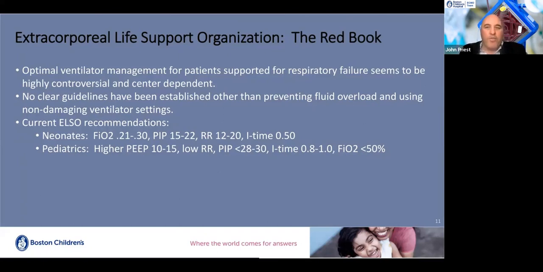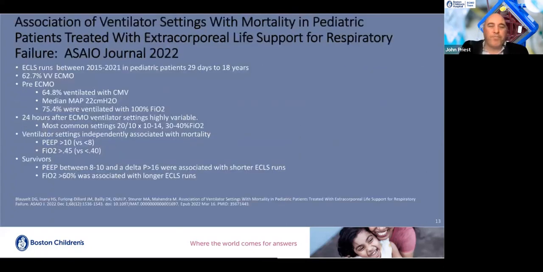On these patients, you don't want to cause atelectasis. So you want to have a high peak inspiratory pressure. So these recommendations from ELSO, you have to remember they're global. So they're going to be covering the basic patient, all of the patients, not a specific disease process.